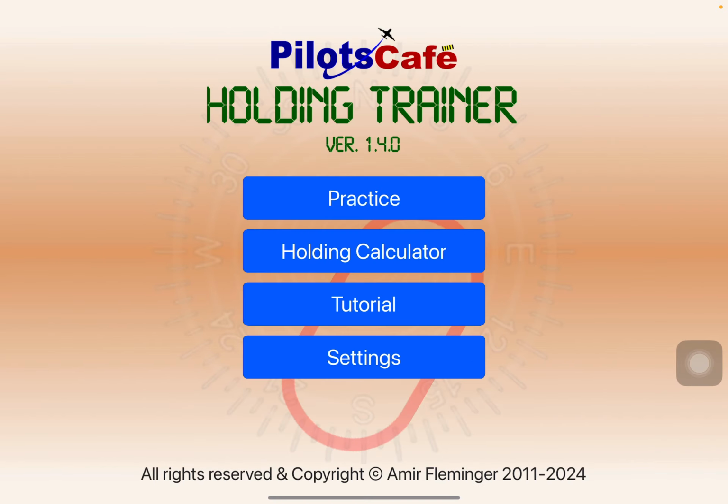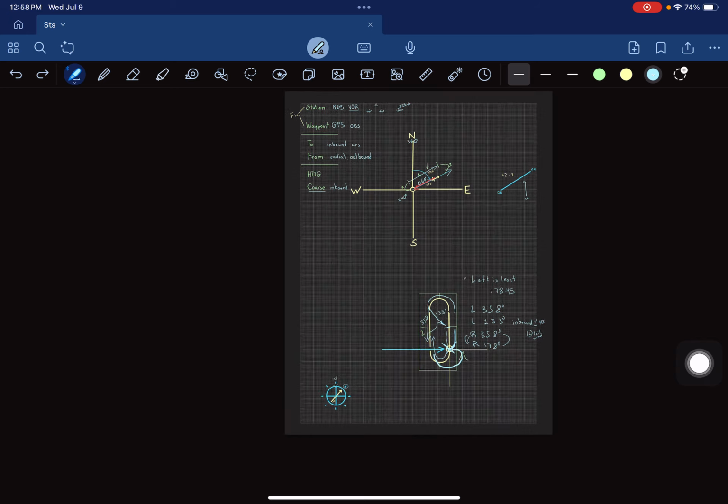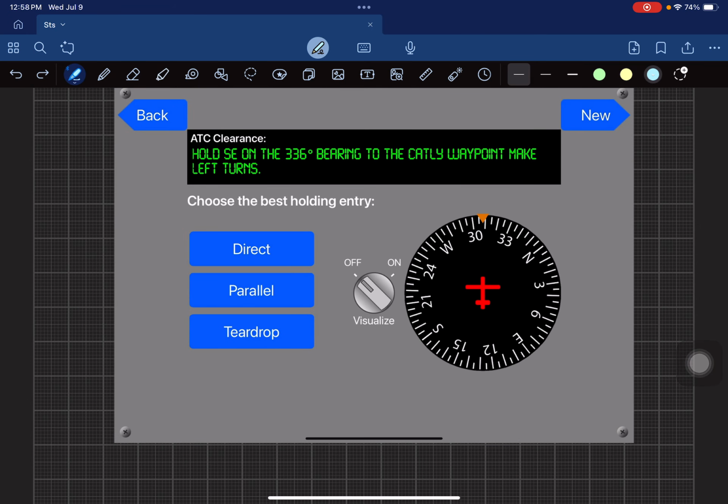Okay, that said, let me show you how to make the most of the practice feature of this app, Pilot's Cafe Holding Trainer. When you receive a holding instruction in the practice section, you can disregard the name of the waypoint, the name of the VOR, the name of the NDB.